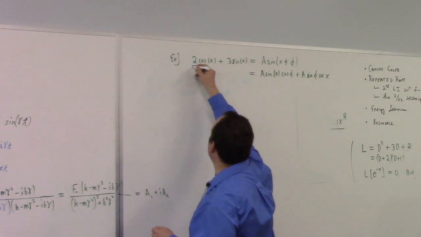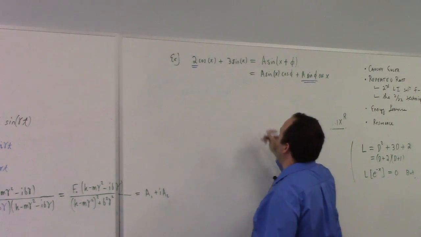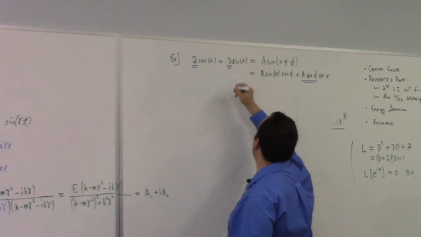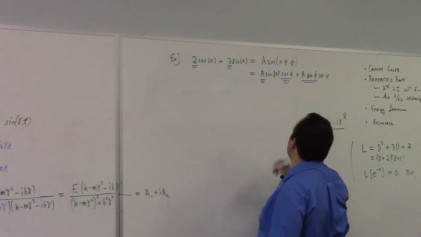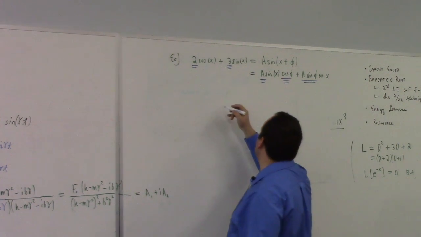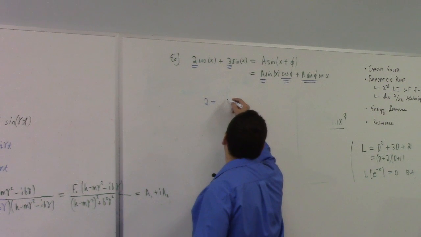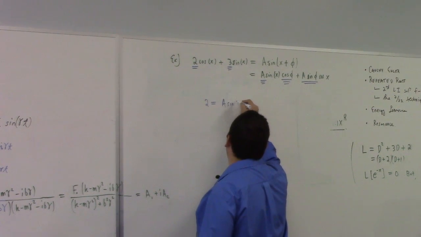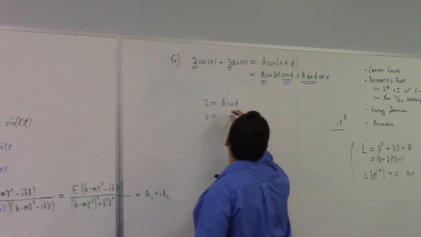So this 2 has to be this thing, and this 3 has to be that thing. So we have 2 things to work with. We've got 2 is equal to a sine phi, and we've got 3 is equal to a cosine phi.